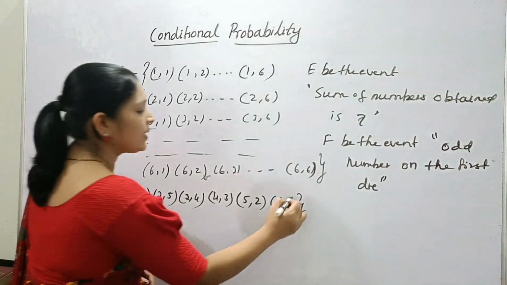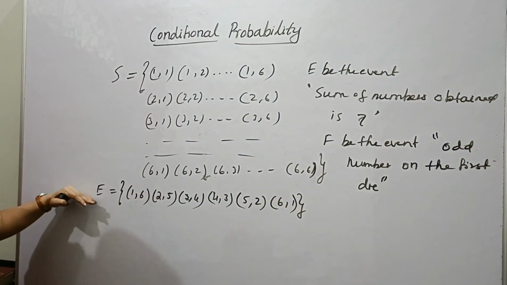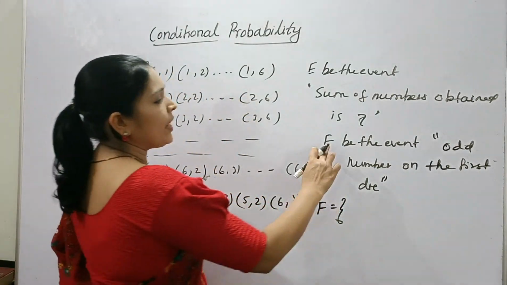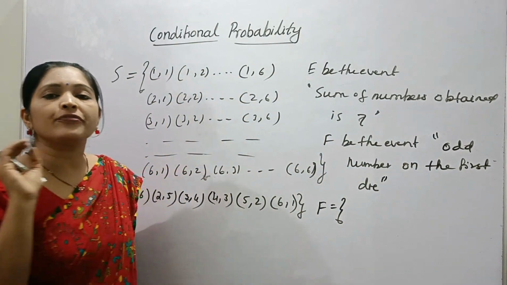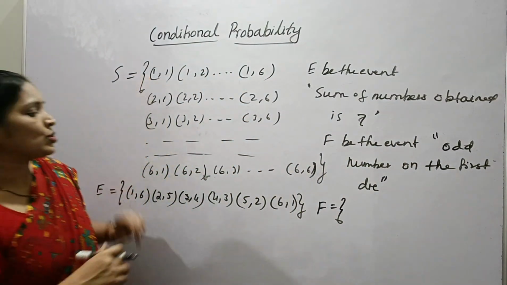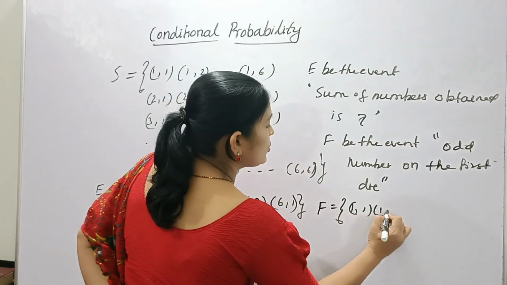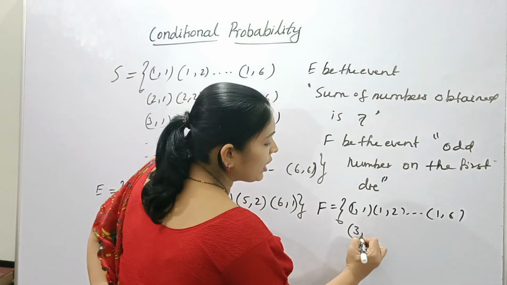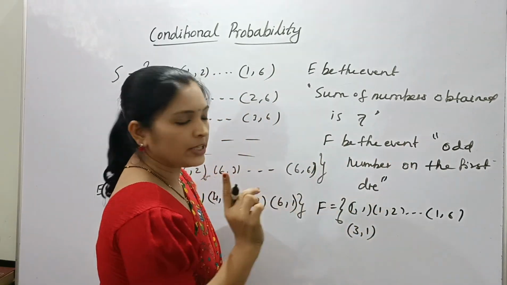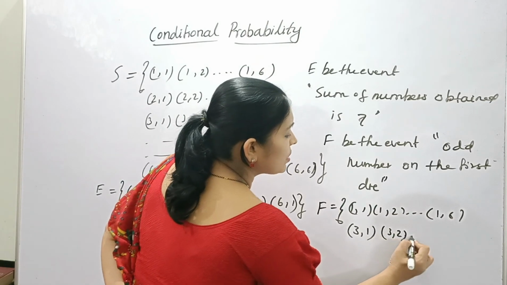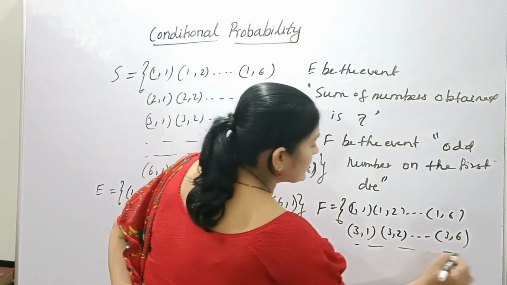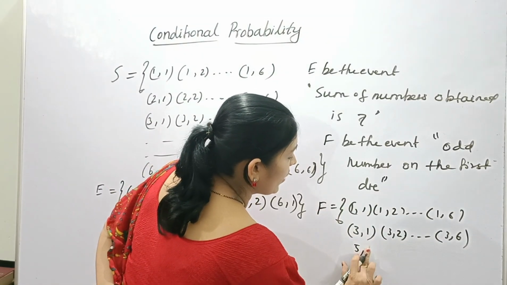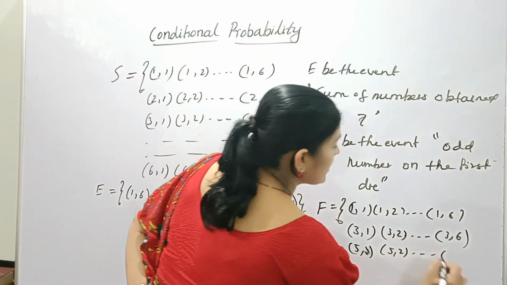These are the possible outcomes of event E. And what are the possible outcomes of event F, an odd number on the first die? 1 1, 1 2, etc., 1 6; 2 is not possible; 3 1, 3 2, etc., 3 6; 4 is not possible; 5 1, 5 2, etc., 5 6.